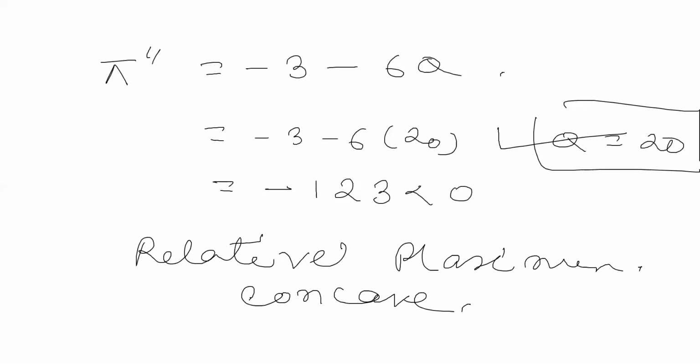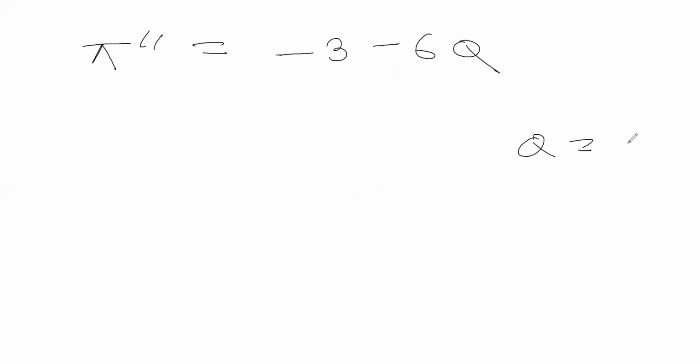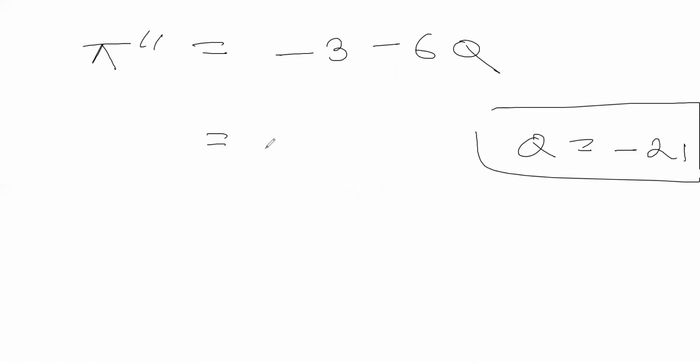Let's see what happens when we take q as negative 21, the value that we identified just a while ago. So this is negative 3 and 6 into negative 21.